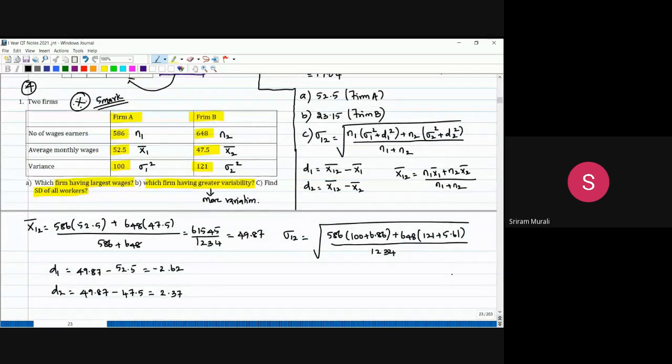So this is my formula. If you substitute, you will get the answer. Sir, 10.827. Okay, that you take care.